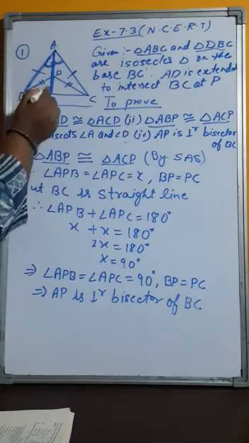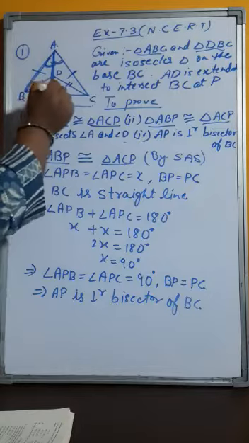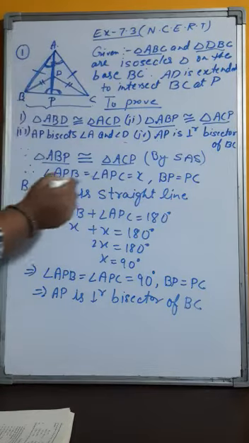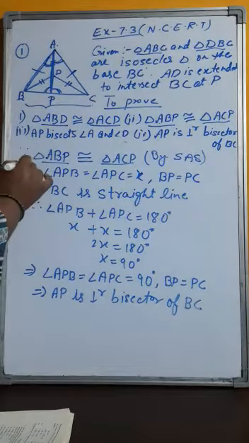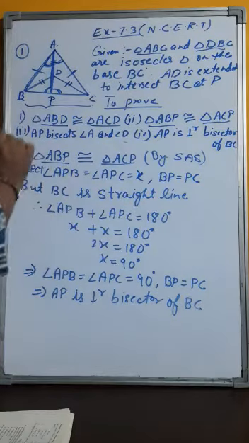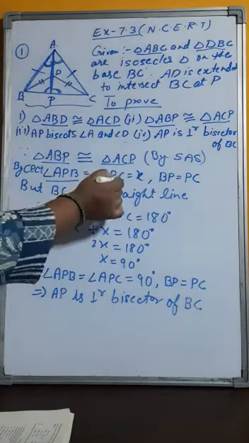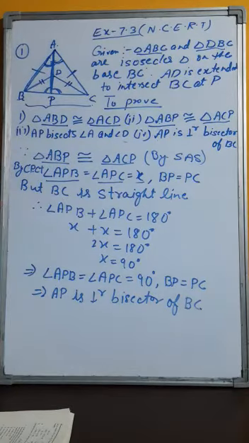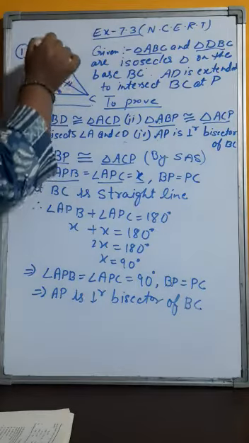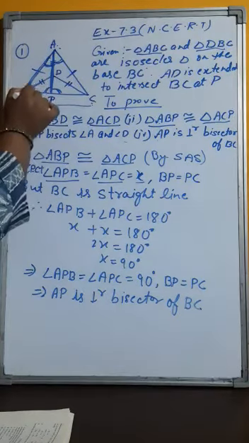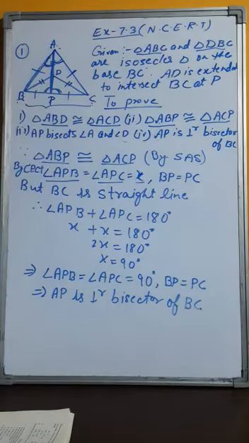So we got triangle ABP congruent to triangle ACP by SAS. So we can say that angle APB will be equal to angle APC. We can assume both angles as X, as we have applied CPCT. Also, after proving that ABP is congruent to ACP, we can say that BP will also be equal to PC.